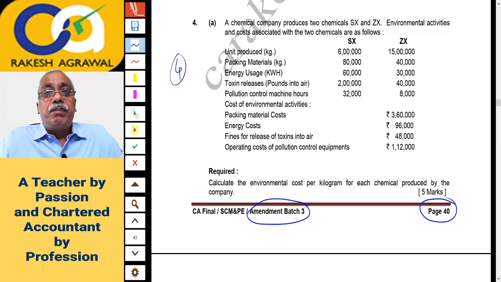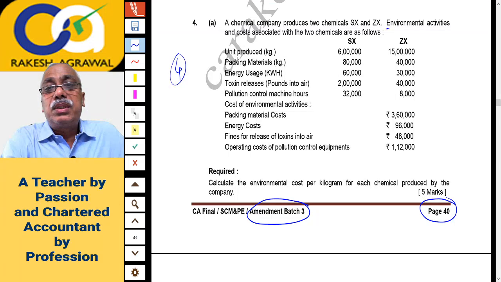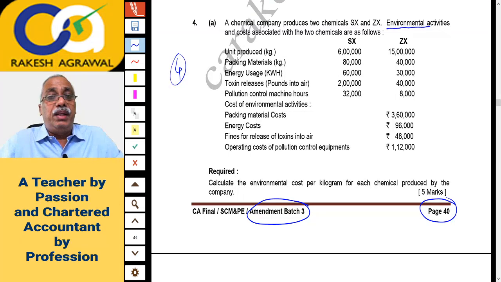A chemical company produces two chemicals, SX and ZX. Environmental activities and cost associated with the two chemicals are as follows. So it seems to be a question related to environmental management accounting. Units produced are given in kgs, that is 6 lakh and 15 lakh. Packing material is given in kgs, that is 80,000 and 40,000.